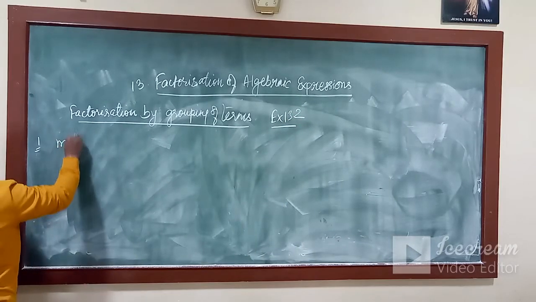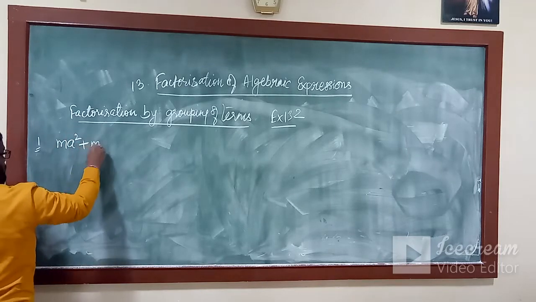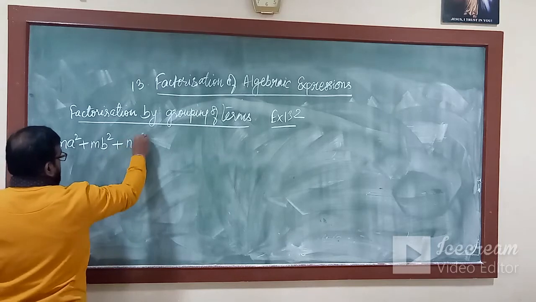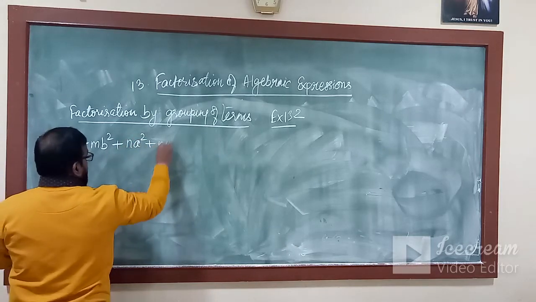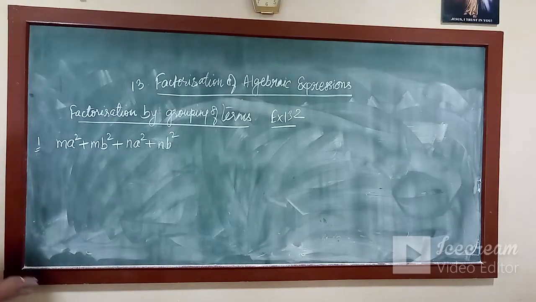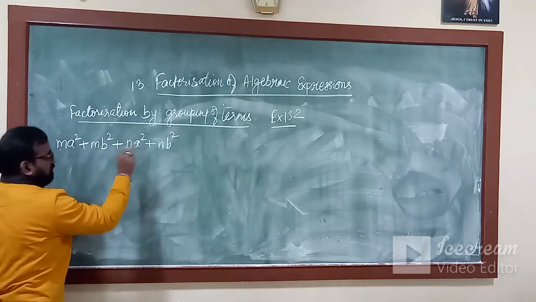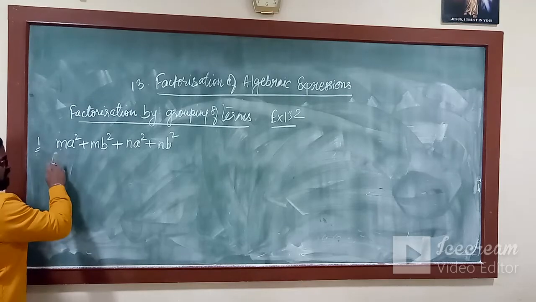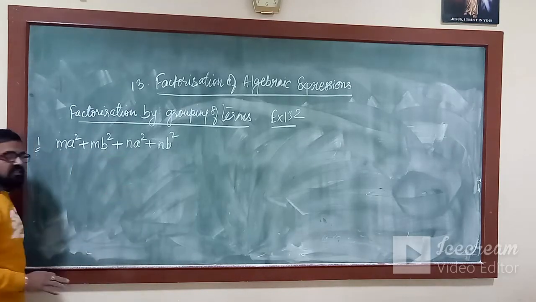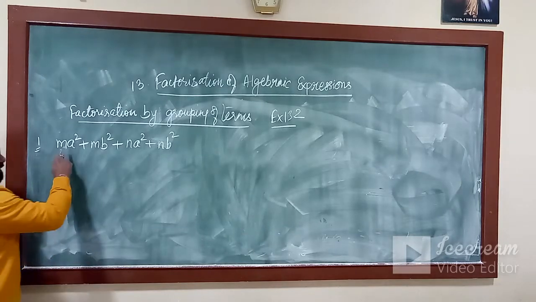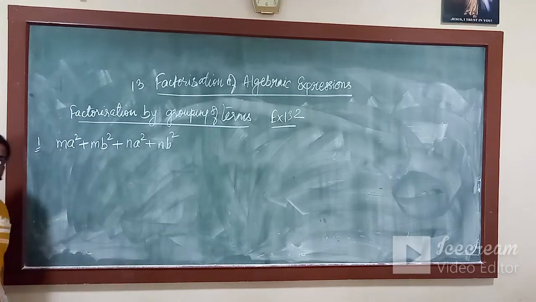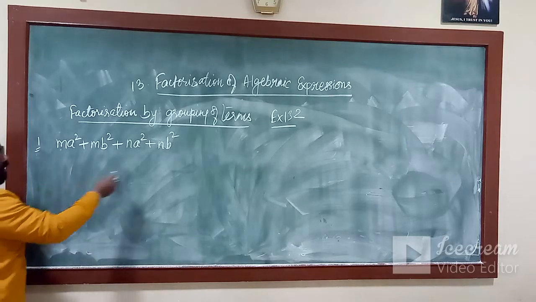ma square plus mb square plus na square plus nb square. Now see, if you take the HCF of all these terms, you can easily see that this contains m, this contains n, but it does not contain m. It contains a, but it does not contain a. So our HCF of all these terms will be how much?